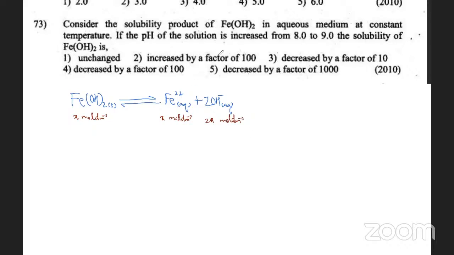Now if pH of the solution is increased from 8 to 9, the solubility, this x, is solubility of Fe(OH)2. So our OH minus concentration is 2x.